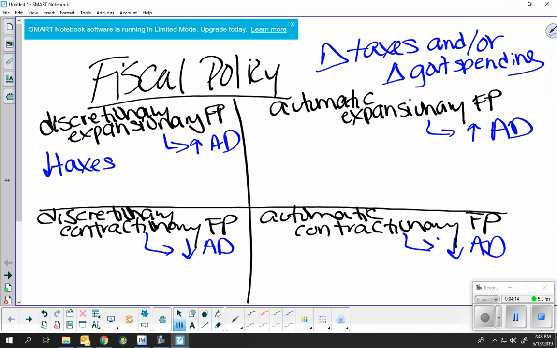Less money is taken out. You're making more money that you spend less in taxes. Remember, what is the amount of money that you have after you pay taxes called? Disposable income. Lowering taxes increases your disposable income.